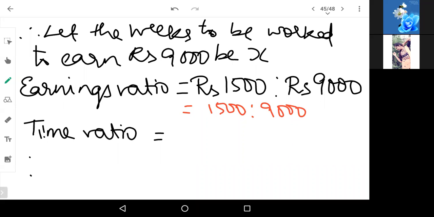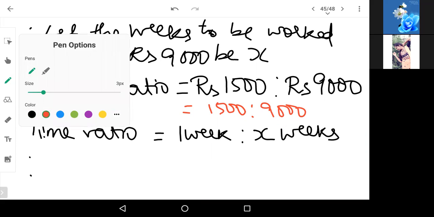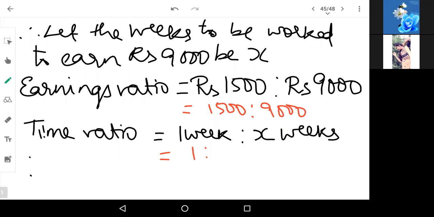For 1 week, they get 1,500; for X weeks, they will earn 9,000 rupees. So the final ratio is 1 is to X.